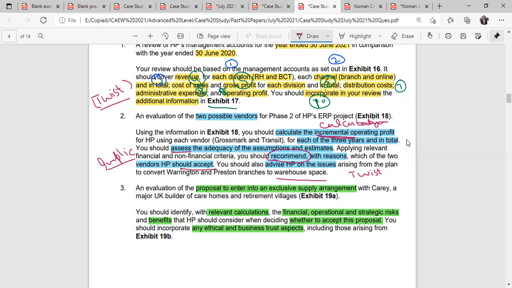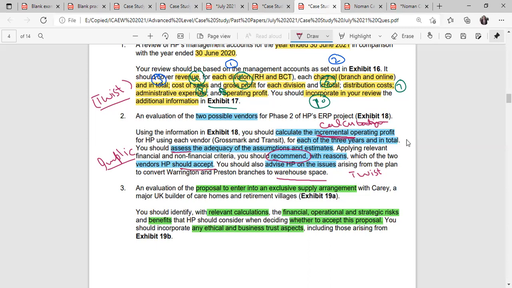Recommendation is about your issue. So please be careful. Do not use what if and so, like, but in your conclusion, if this situation is there, I will accept Gross Mark. If the situation is different, I will choose Transit. You have the situation, you have the data, you have all the information, you are in the exam. Now you should think, you should conclude what you are going to do.